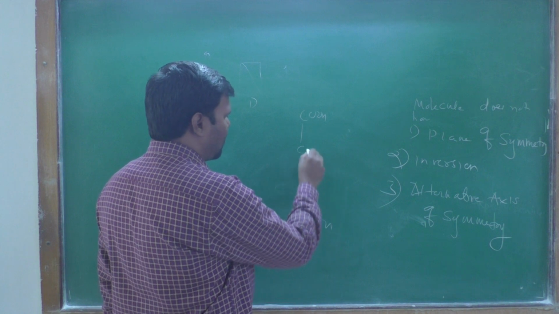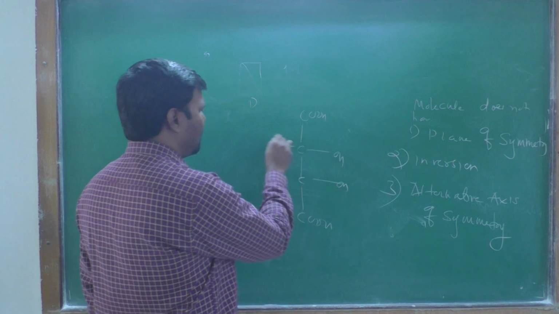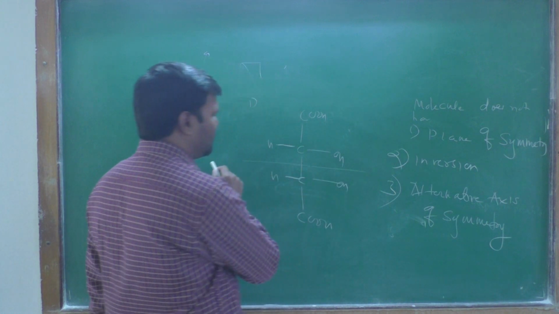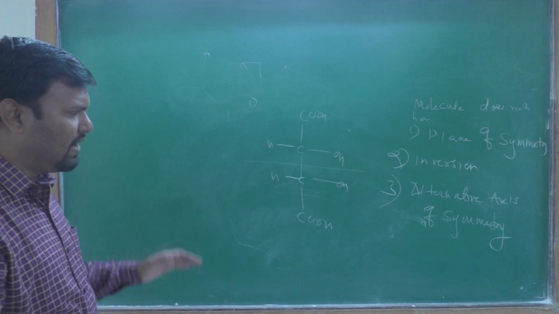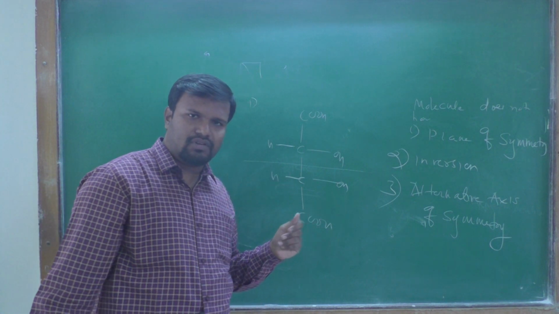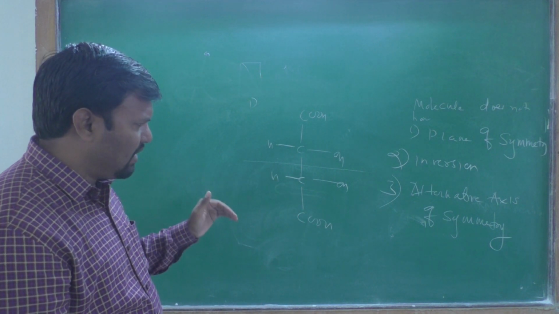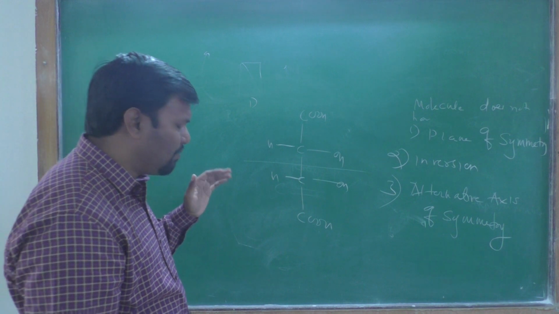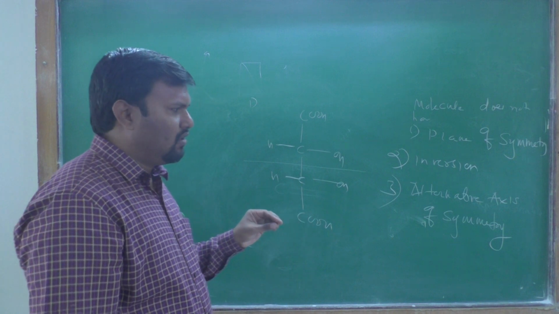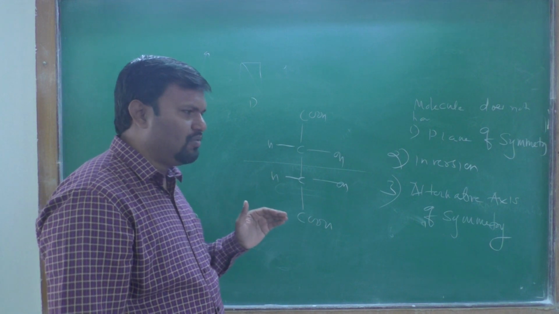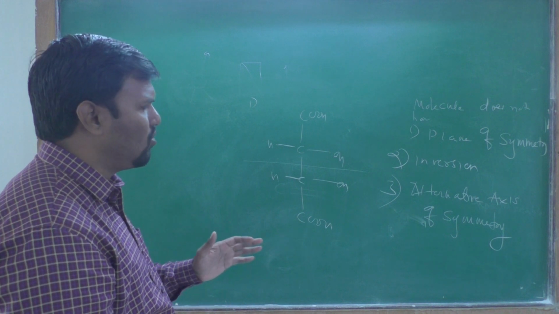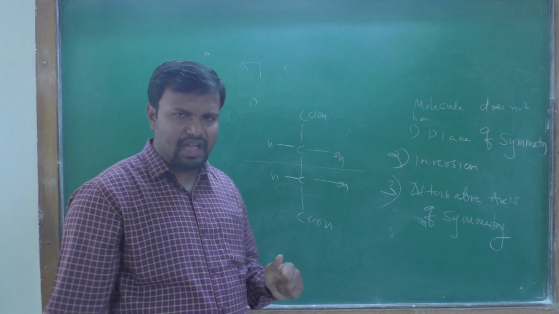When a plane passes through this tartaric acid and divides the molecule into two equal halves, that plane is the plane of symmetry, and when your molecule has a plane of symmetry, this molecule is not optically active, or it is considered an achiral molecule.